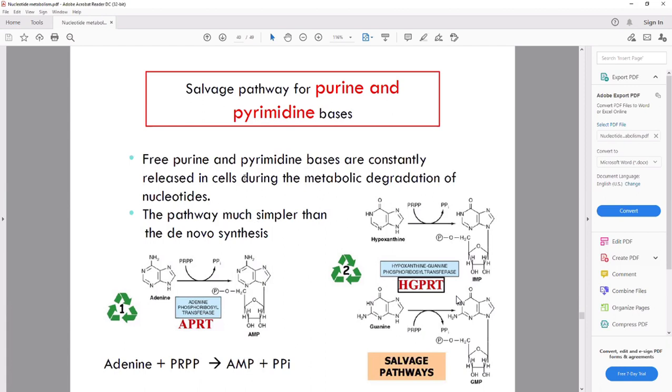The salvage, or recycling, of these bases is much simpler than the de novo synthesis.